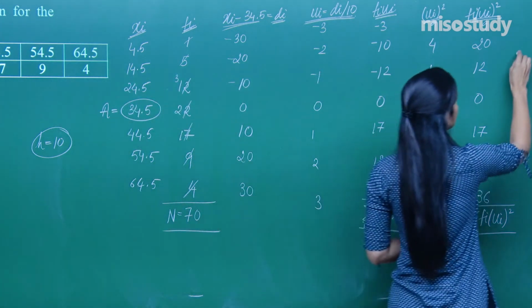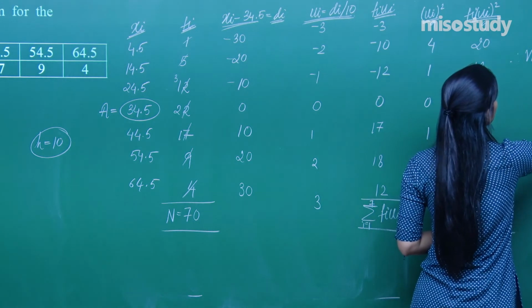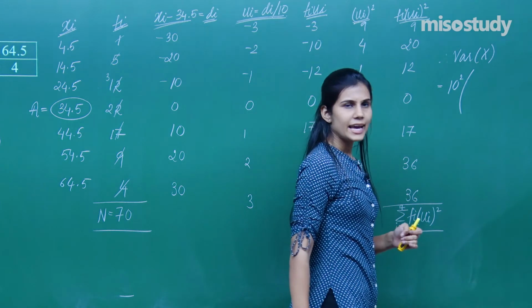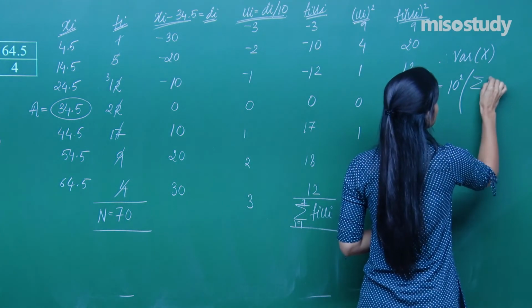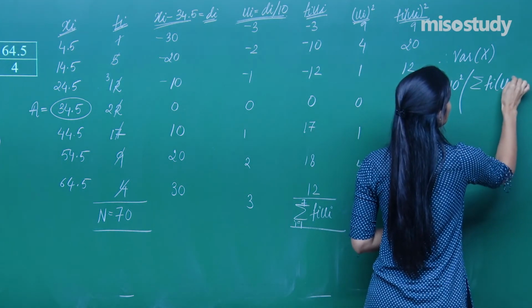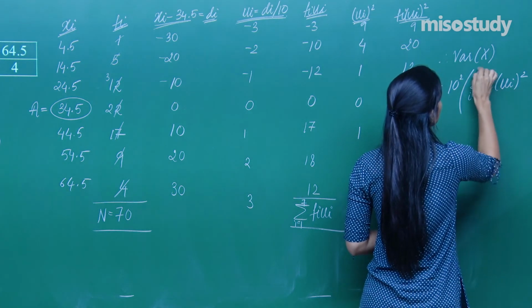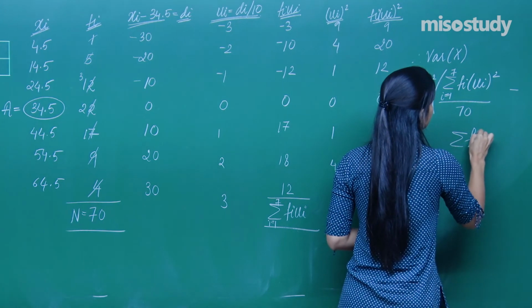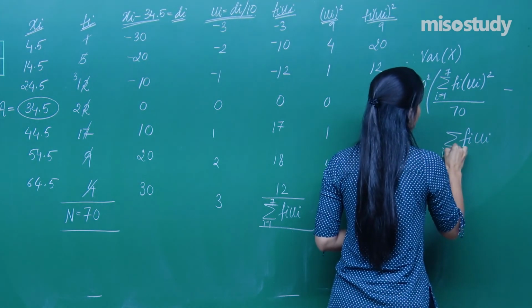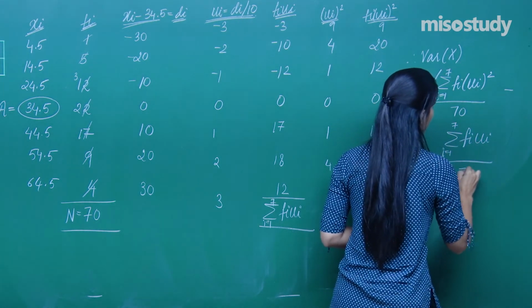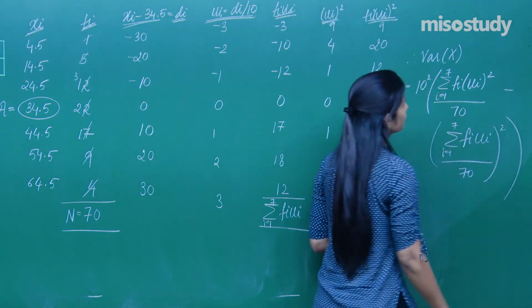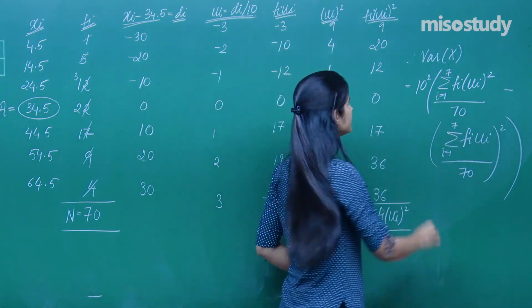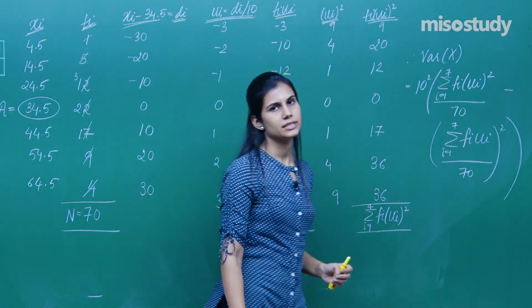Therefore, variance is h square times summation fi ui square, i running from 1 to 7, upon 70, minus summation fi ui, i running from 1 to 7, whole upon 70, whole square. You can very easily evaluate this sum, keep it over here, get your variance and then take the positive square root of it to get the standard deviation.